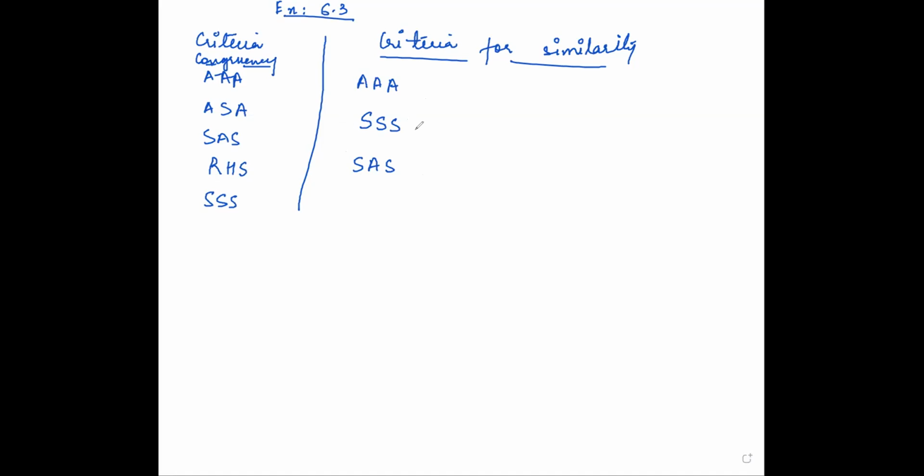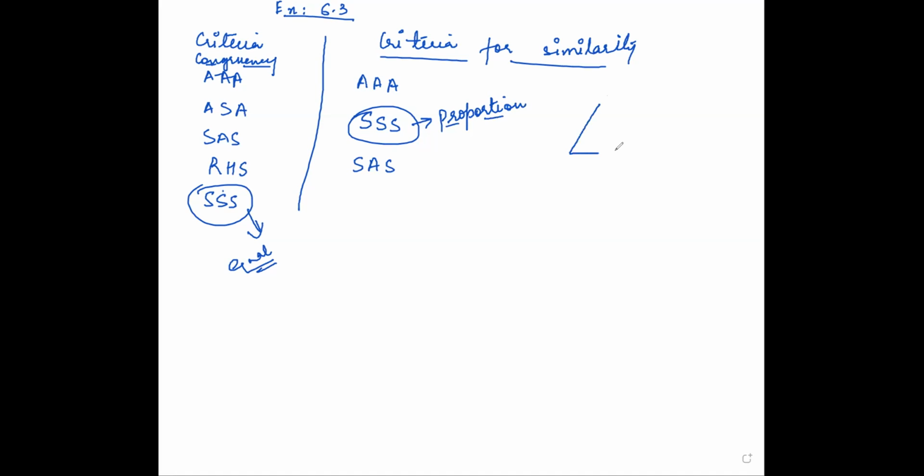Now what is the meaning of it? Try to understand one thing. This SSS and that SSS are different. That one means all the sides are equal, and this means they are in proportion, the ratio is equal.